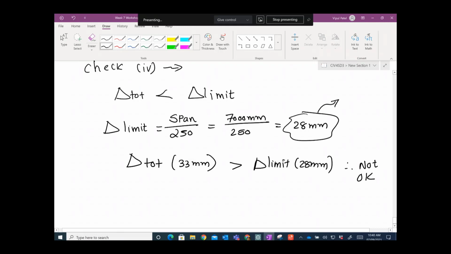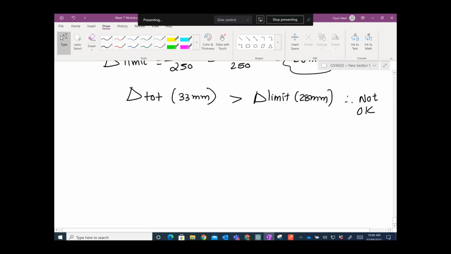Now, there is a second method as well. I can show you that second method, with equations given in our lecture notes, and they will give you exactly the same values. So the second method uses the equation L squared on 96 EC. This is a generalized equation, by the way.